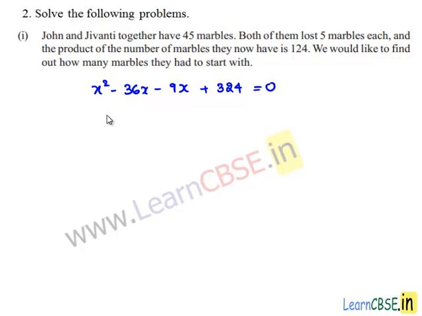Now taking x as common from the first and second terms, we get x times x minus 36, and here we can take minus 9 as common. Minus 9 times x minus 36 is equal to 0.